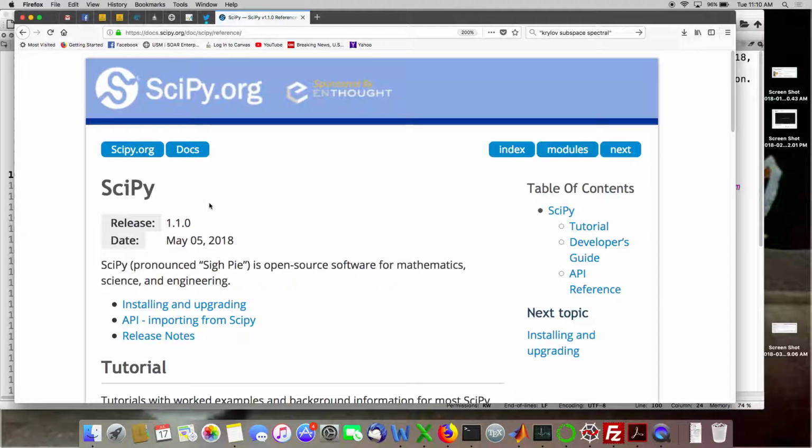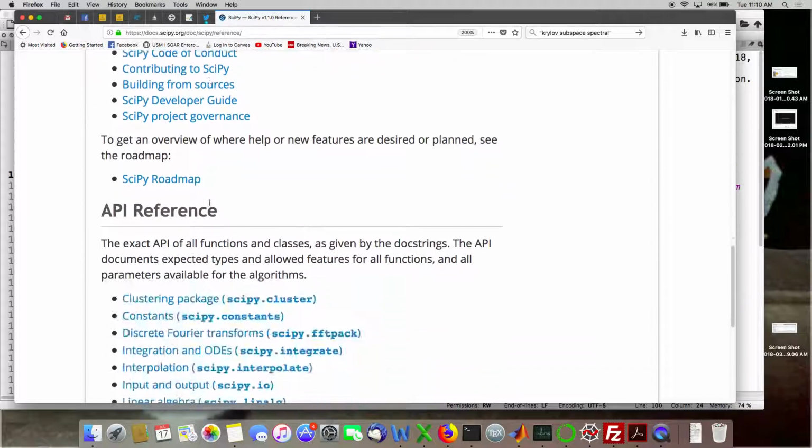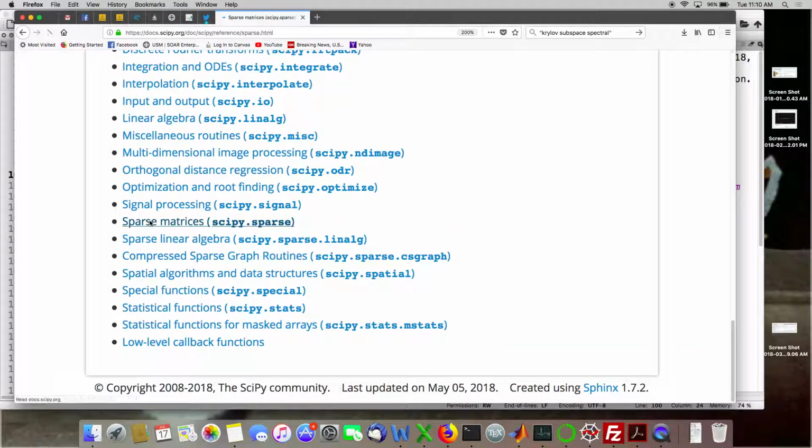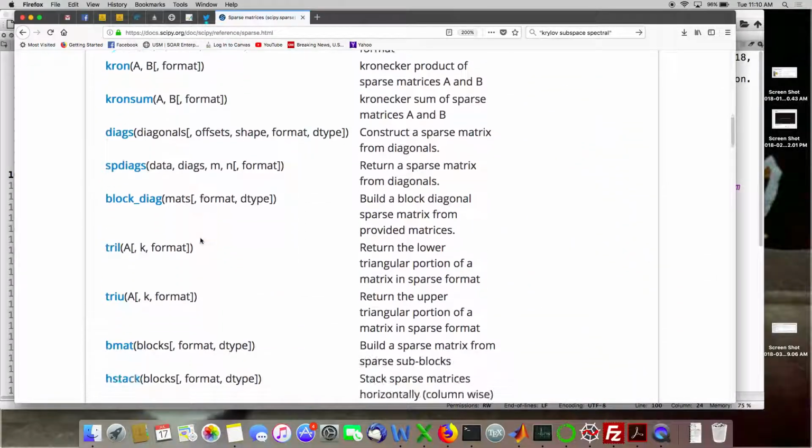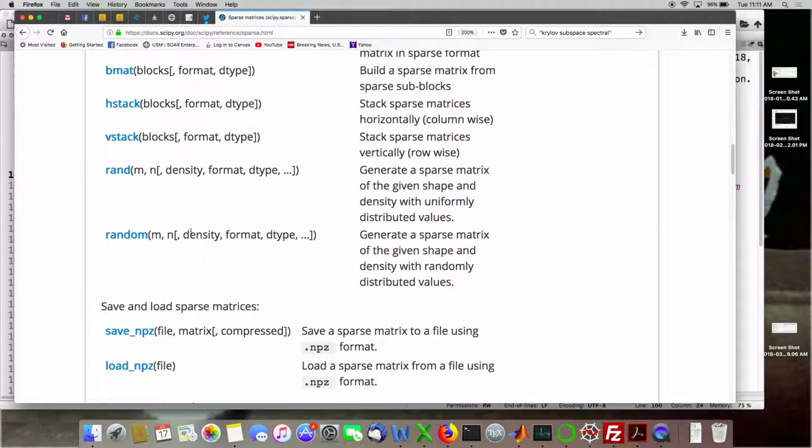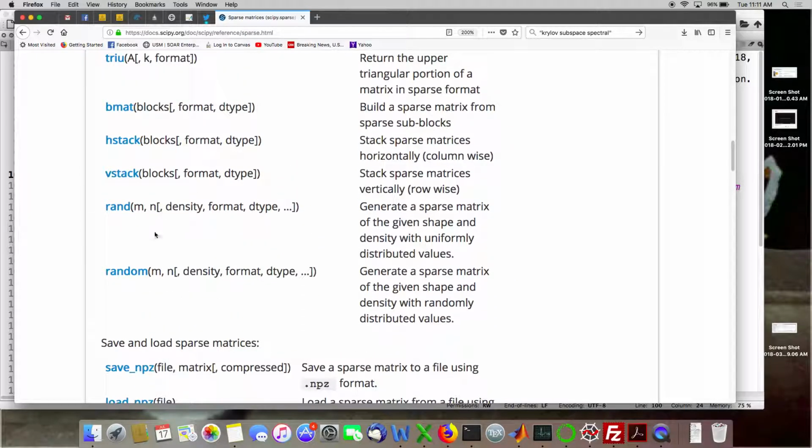Let's make this a little bigger. Okay, so here, this is a function I want. I just have to create a random sparse matrix to try this out on.